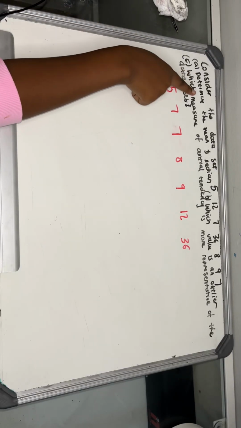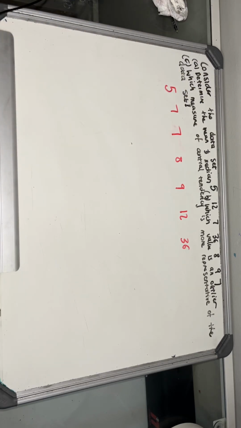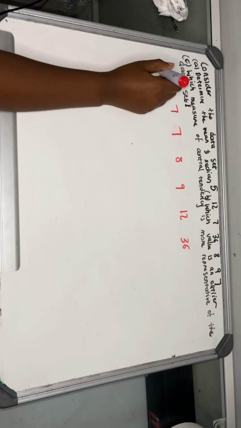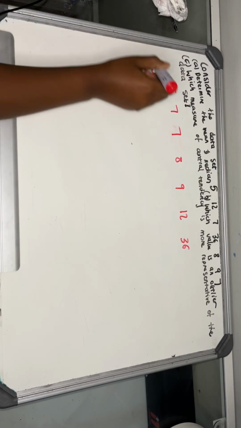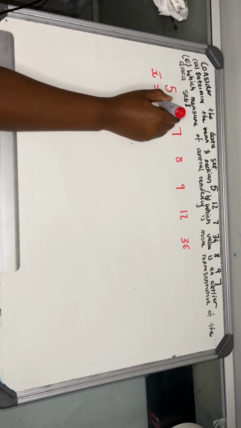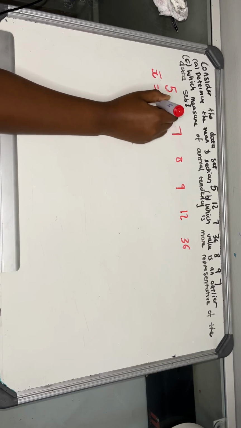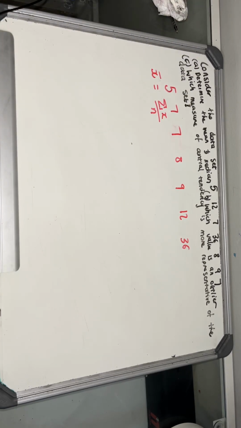Question A says determine the mean and median, right? The mean has the symbol x bar, and I'll write down the formula because it doesn't hurt.